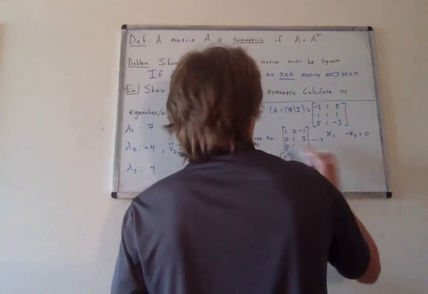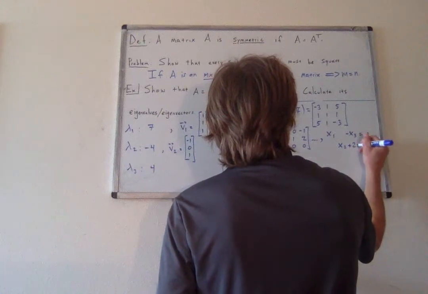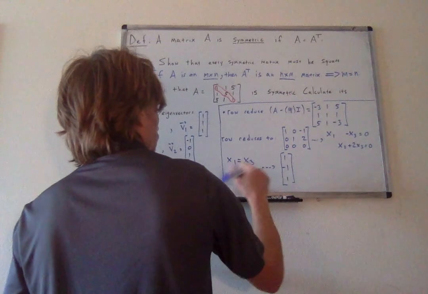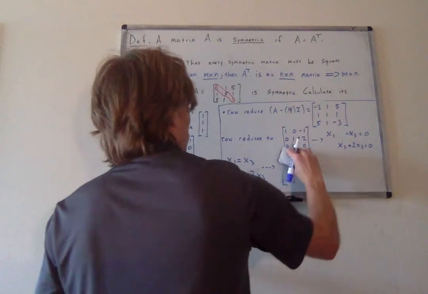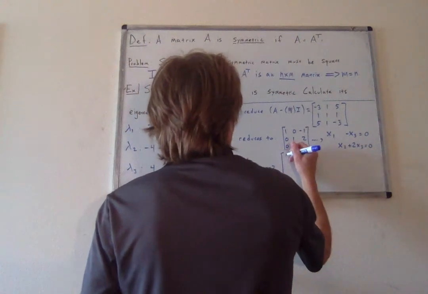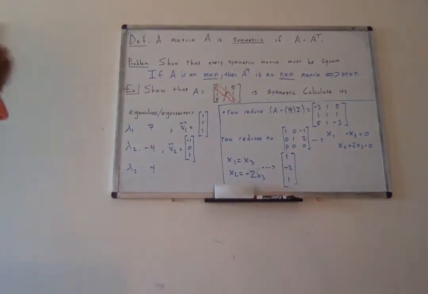Sorry about that. This should be x2 plus 2x3 is equal to 0. This should be -2x3. And so this vector should be 1, -2, 1. Yes, that is right.